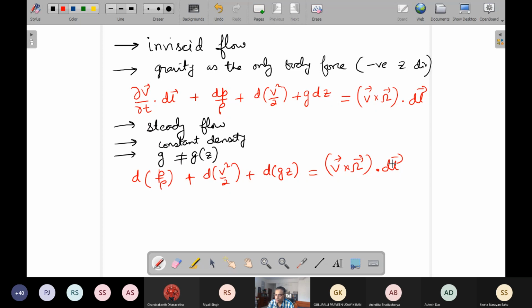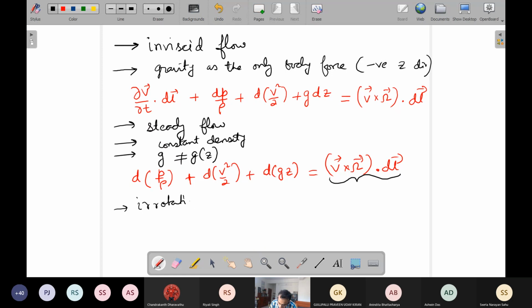Then we made some further considerations. Now the further considerations are the following. Irrotational flow. The further considerations were with the motivation of finding out the conditions under which this term is zero.